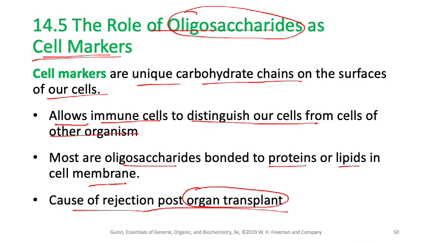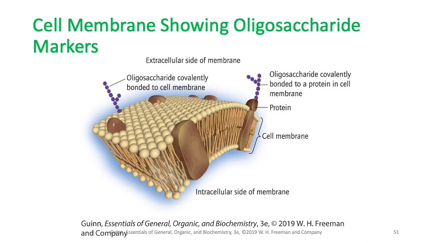So if an immune cell goes to the organ that has been transplanted, it has a different oligosaccharide, and then the immune cell will think that this is a different cell and might attack those cells. So that's why a person who got an organ transplant always needs to take immunosuppressants, right? So let's go to the next slide and see the structure of the oligosaccharide, which acts as a cell marker.